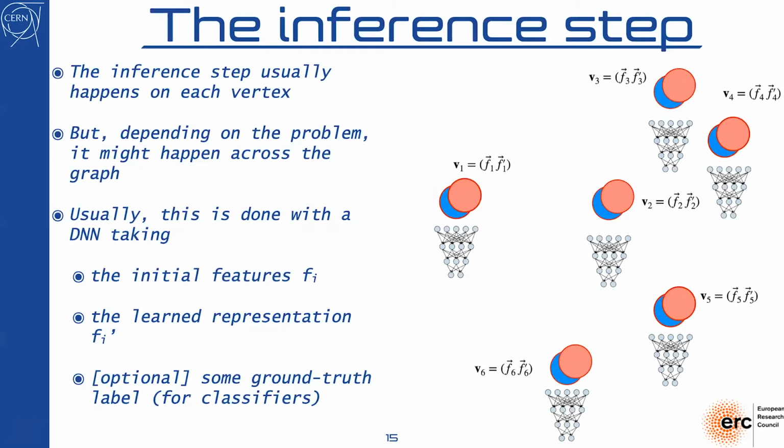And then what you can do is that once you have this information, which now is much richer than the information you started with, because this is not just the information of a user, it's information about its social network, then with this enriched representation of your vertex, which starts, let's say for the case of vertex number 2, there is a vector F2, which is the initial set of information on the user, and the vector F2 prime, which is the vector of these features that we learned from the graph.